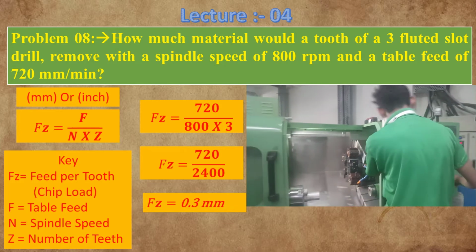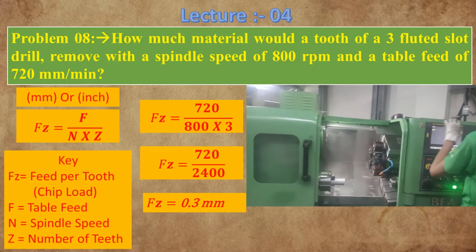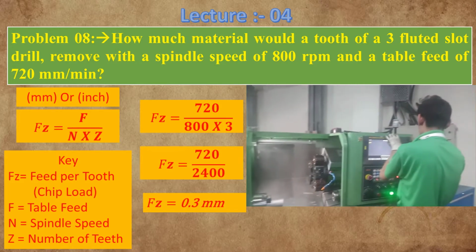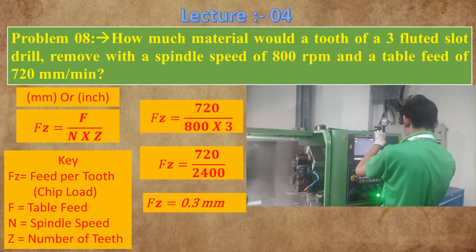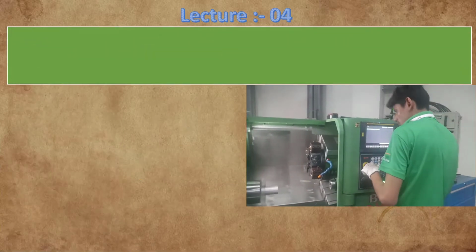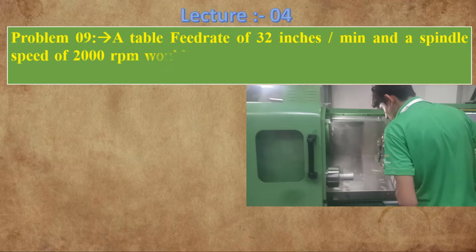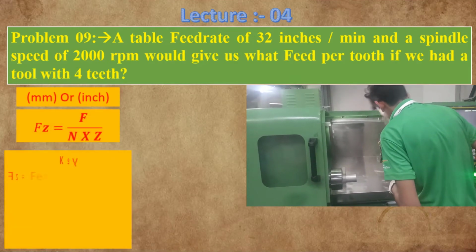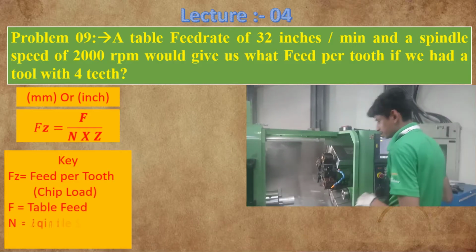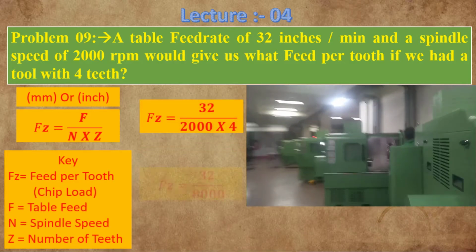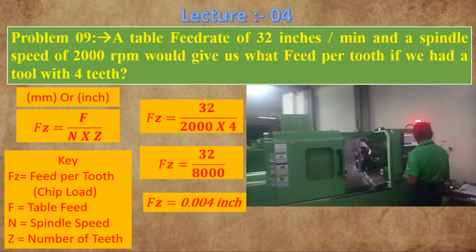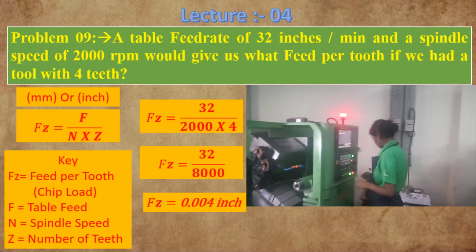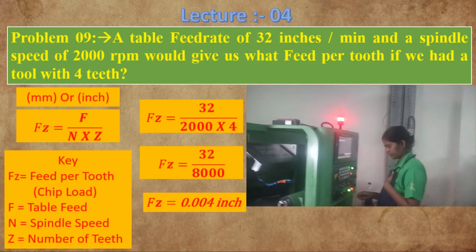Okay, let us do one more to make sure we have really got this cemented in our mind how this works. So let us do one last one in imperial. My problem is a table feed rate of 32 inches per minute and a spindle speed of 2000 revolutions per minute. What feed per tooth would that give us if we had a tool with 4 teeth? So again we are looking for our Fz, our feed per tooth, and that would equal our table feed.